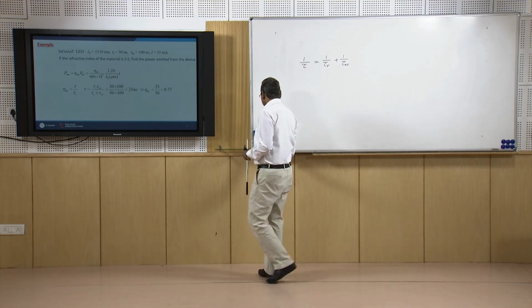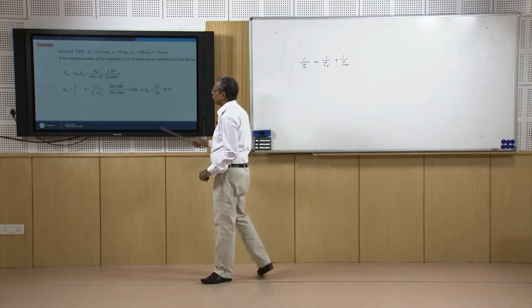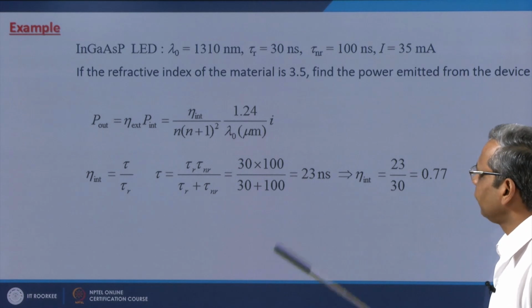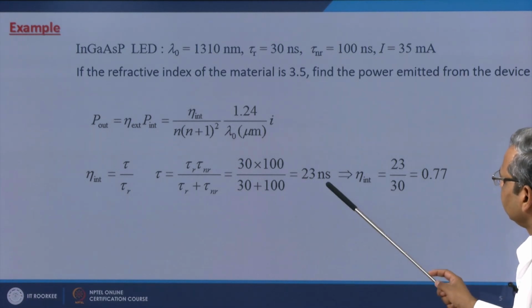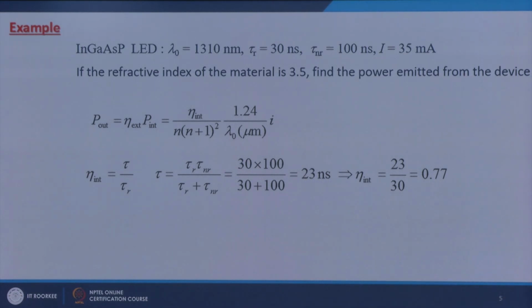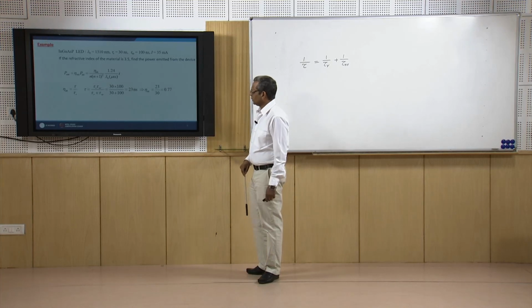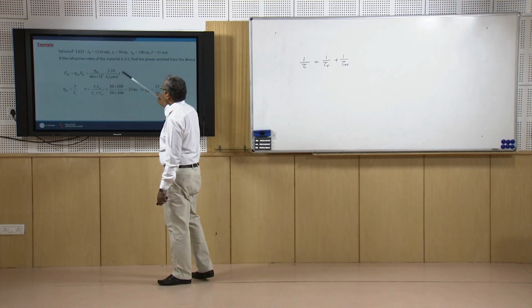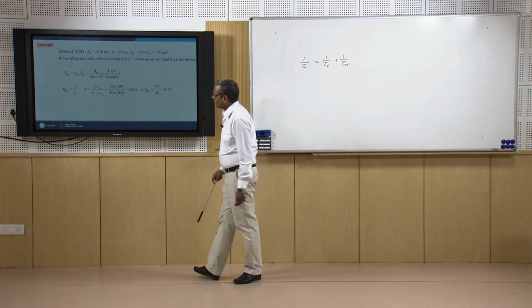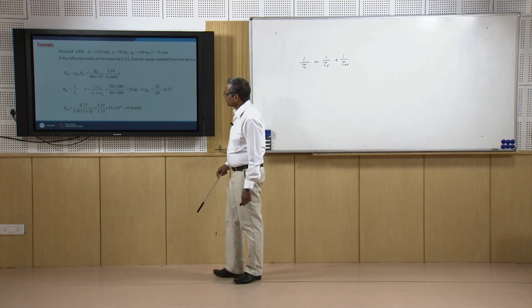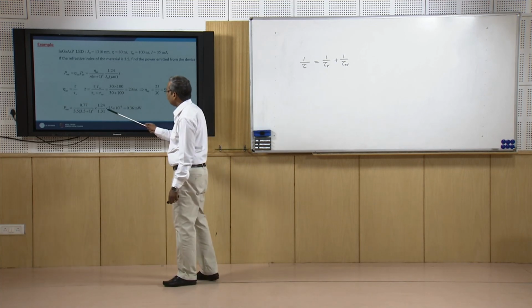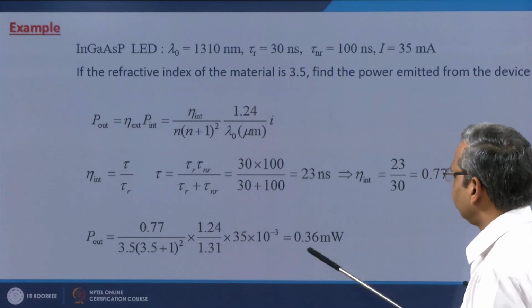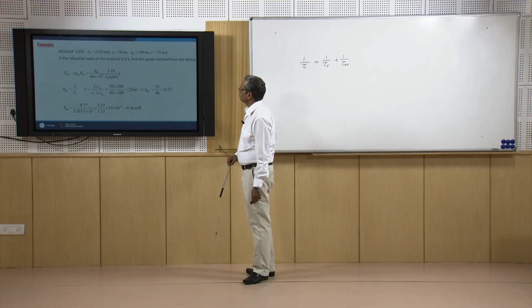So this gives me tau is equal to this, and if I calculate it, it comes out to be 23 nanoseconds. So from here I can get eta internal as 0.77. Now eta internal I have got, rest everything I already have. So if I plug in these numbers, then I will find that P out would be 0.36 milliwatt.